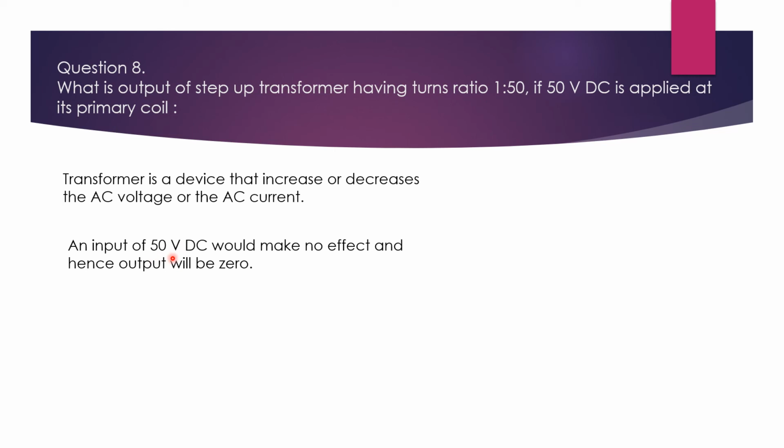Throughout every smallest part of the time it would give 50 volt, no change in the current or no change in the EMF. So a 50 volt DC applied at the primary coil would result in a 0 output. So the output here is C, 0.